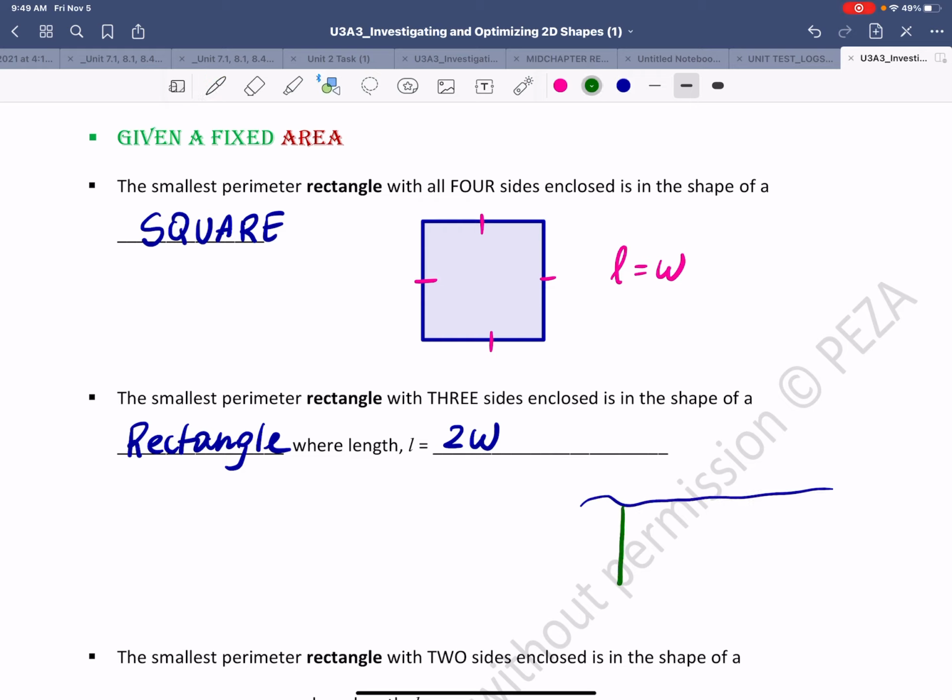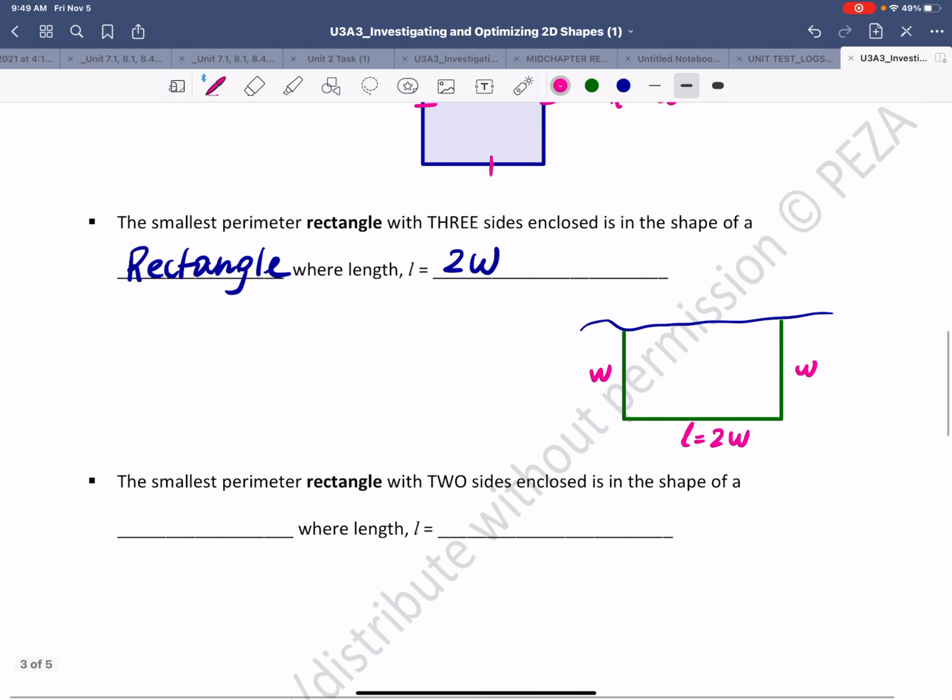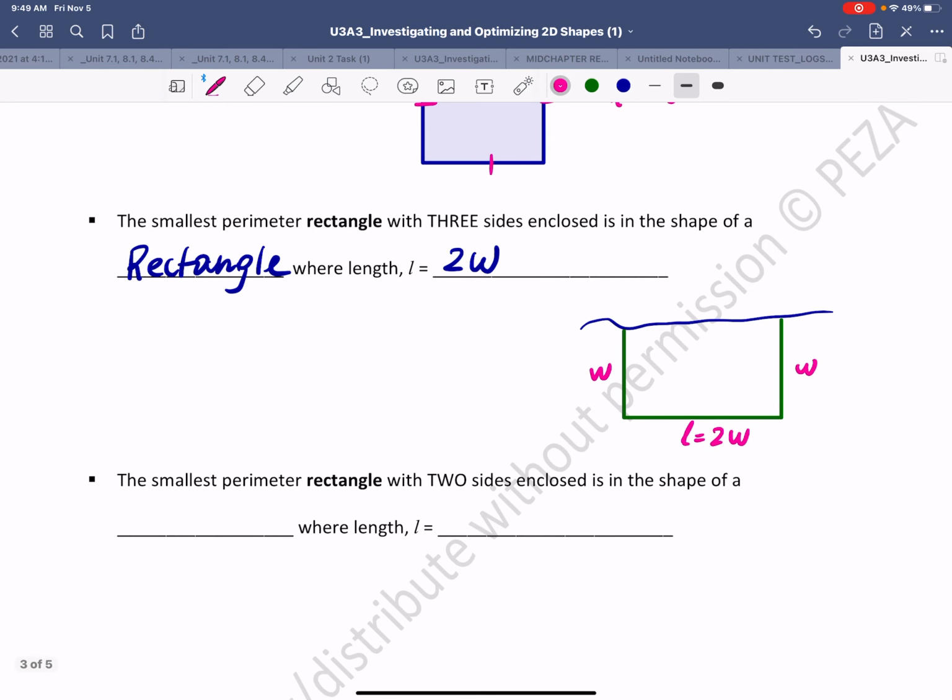So we drew a picture when we maximized the area, where the length would equal twice the width. The smallest perimeter rectangle with two sides enclosed is in the shape of a square again, where the length equals the width.